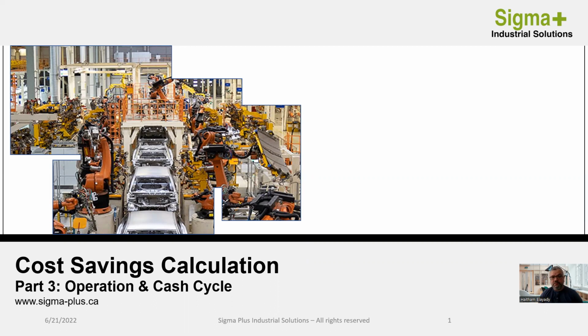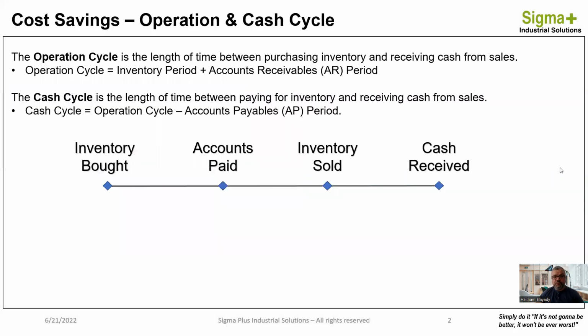In this video, we will focus our discussion on the cost savings that could be generated by improving the operation and the cash cycle. But first of all, we need to understand the meaning of the operation and cash cycle.